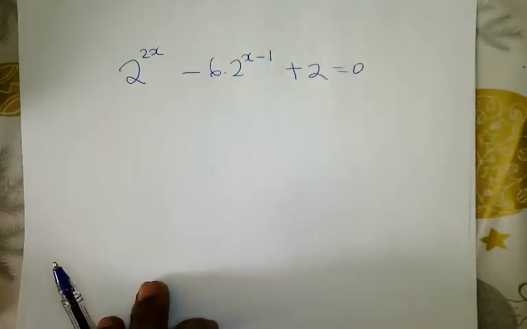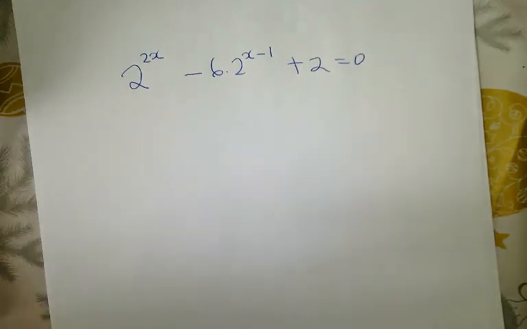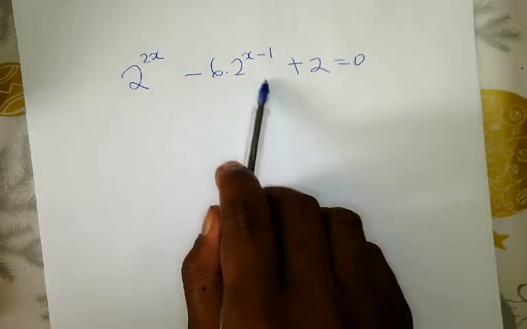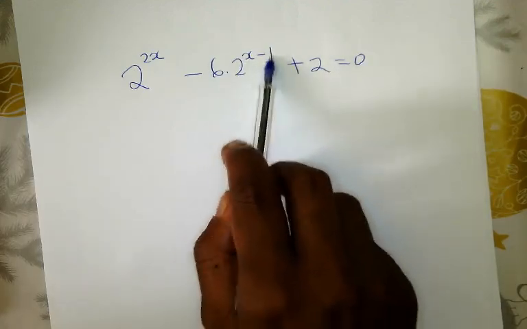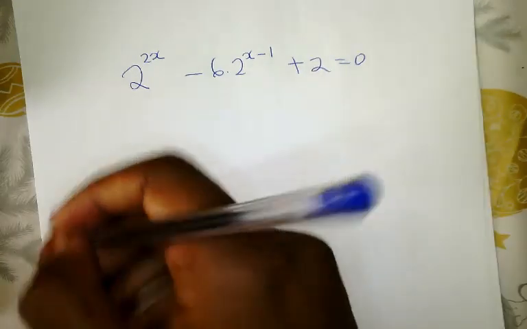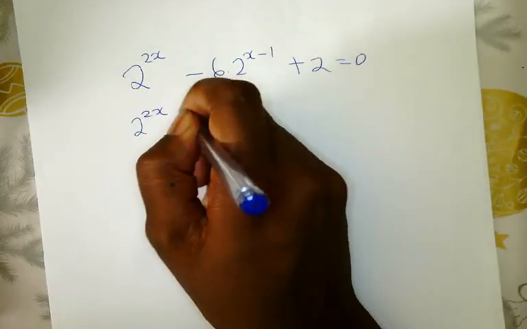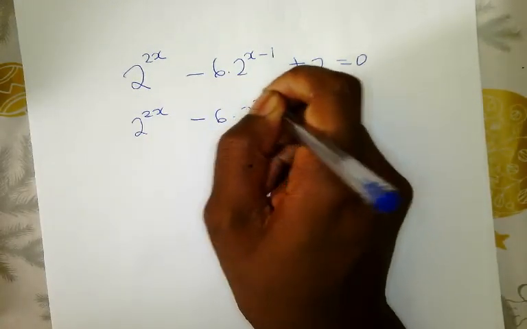So here, let's see what's going to happen. The first thing that I will do is expand this one, the reverse of law 1 here. So 2x minus 6, 2x 2 1 plus 2.